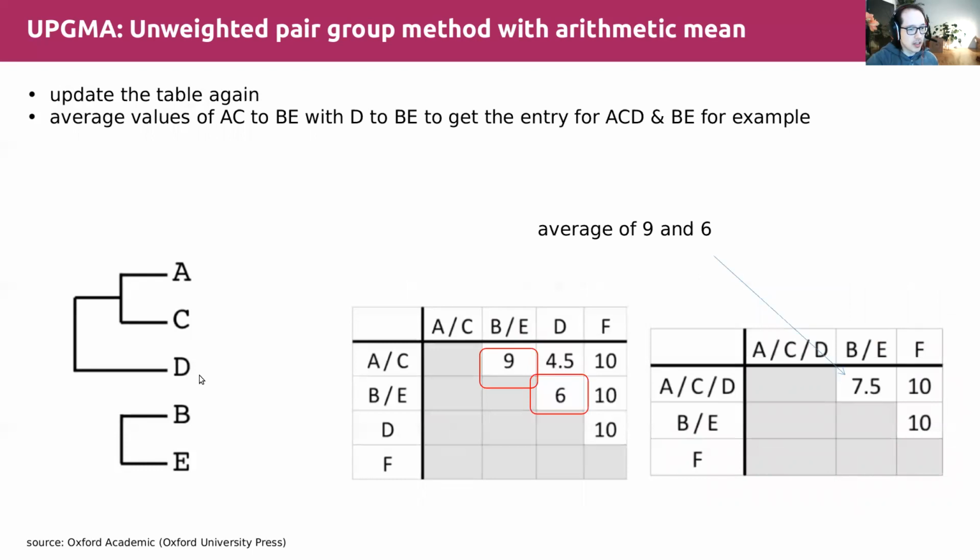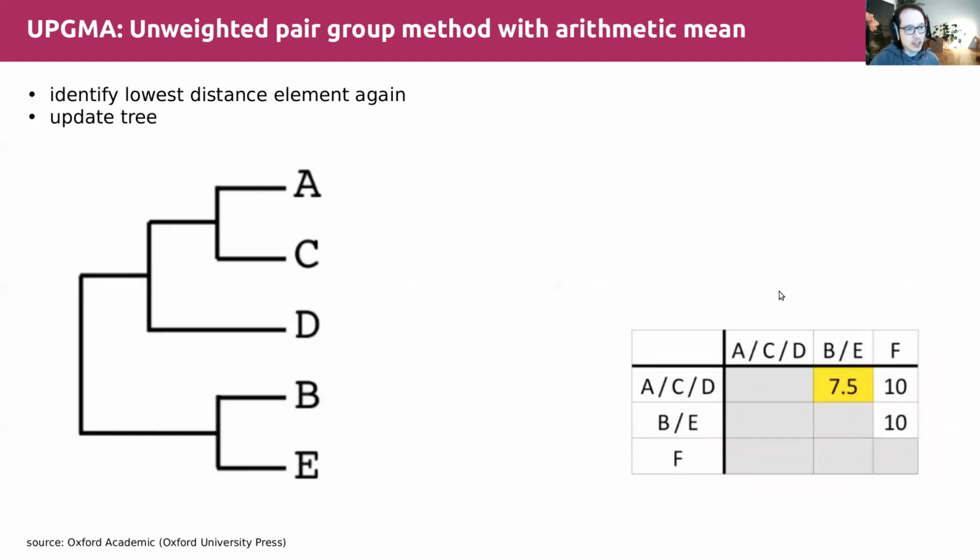We create a new table with the new grouping, the ACD grouping. Repeat the process of computing these averages and fill in the table again. Repeat identifying the smallest distance group and update the tree again accordingly, this time adding the ACD grouping to the BE grouping, creating this link here.